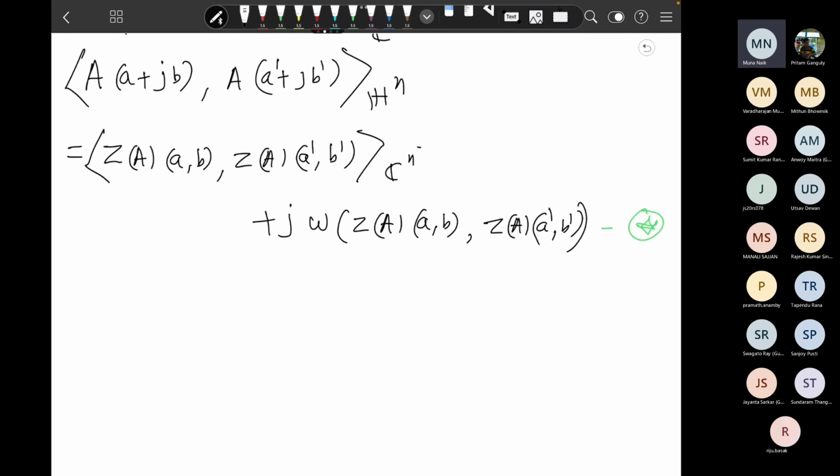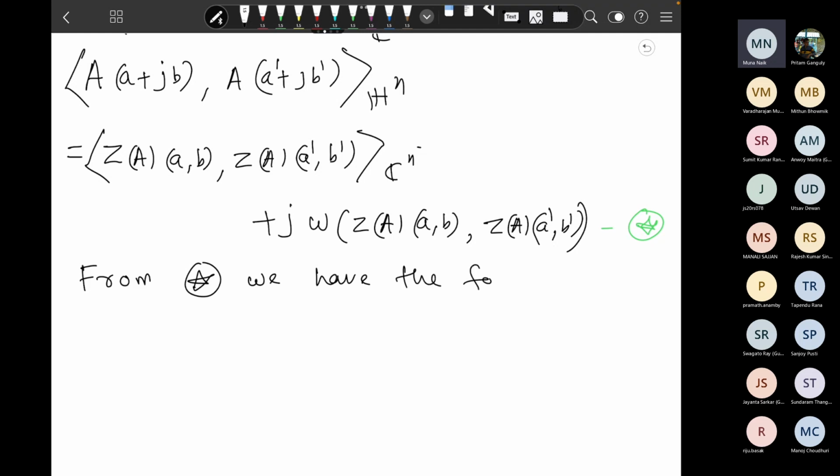From star we have the following observation. Suppose some matrix A preserves the inner product on Hn. That means A belongs to Spn. If A belongs to Spn, A preserves the inner product on Hn, then this implies that ZA will preserve the inner product on Cn, and ZA also preserves the symplectic form.